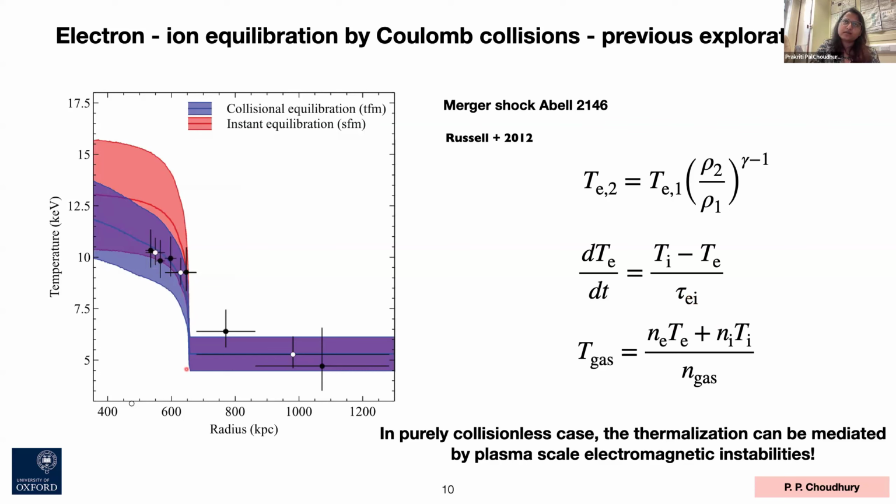Now, the main takeaway from this plot is that the collisional equilibration model, or in other words, where the electrons are first adiabatically compressed and then collide with the ions, is much more likely in this particular case.